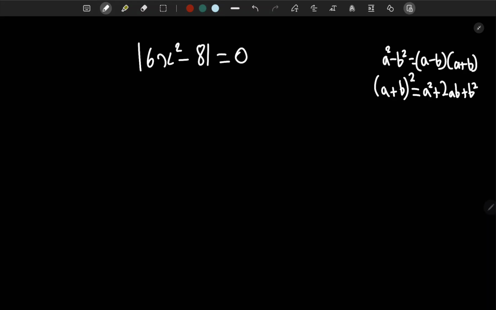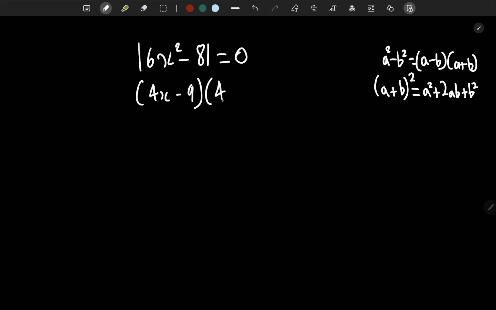Let's move on to the next question. Here we have 16x² − 81 = 0. Here we can directly use the difference of perfect squares. It will become (4x − 9)(4x + 9) = 0, since the square root of 16 is 4, the square root of x² is x, and the square root of 81 is 9.